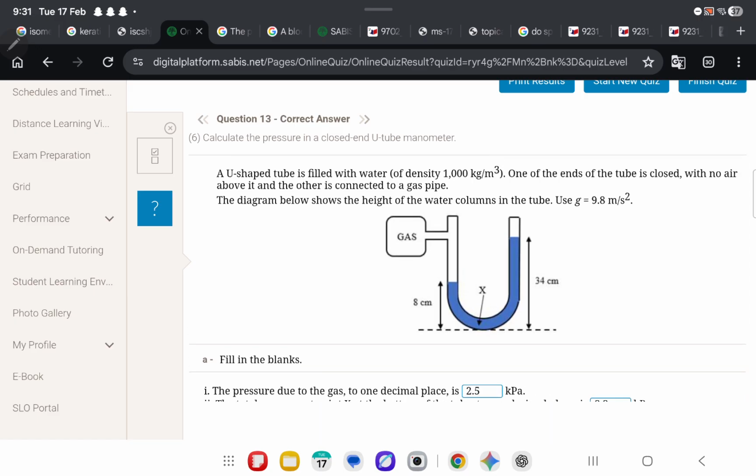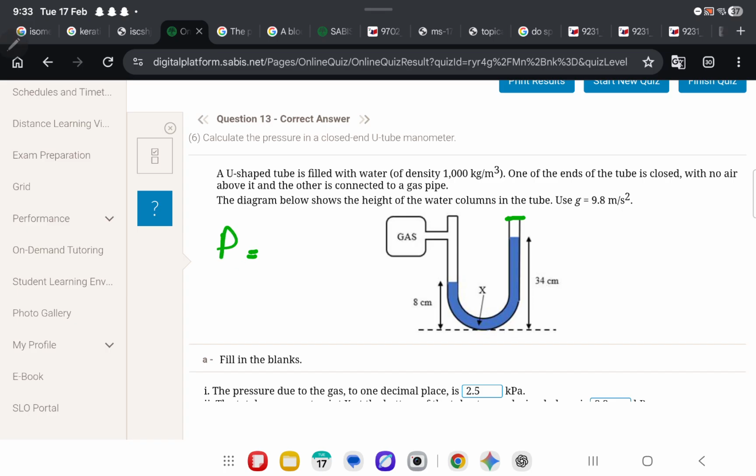Now, for a closed U tube, or U manometer, something like that, I don't know what they call it. The formula is rho equals, sorry, I said rho, I think this is P. That's what I paused the video for.